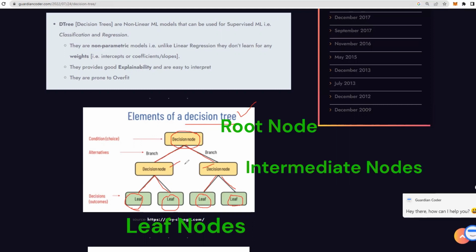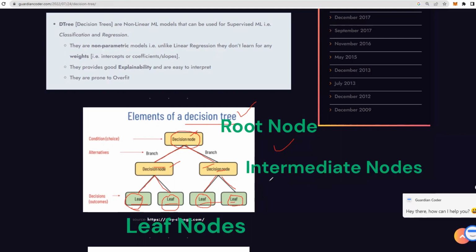Remember, when I say decision tree, after training the model you will get a decision tree of this form. So first you should understand how to interpret a tree. A decision tree has a root node, then intermediate nodes, and finally leaf nodes. Leaf nodes are the ones which have no further child.